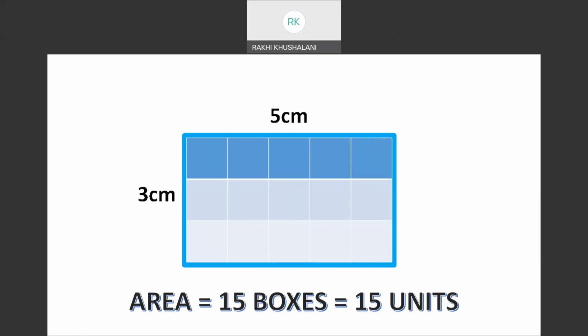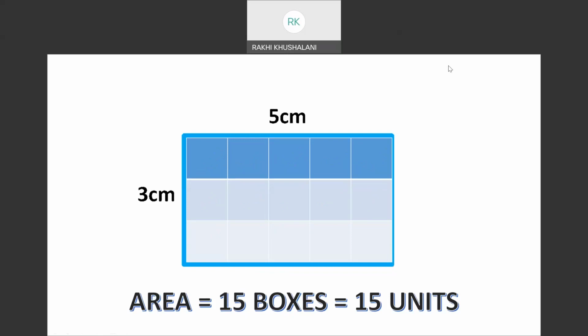So the number of squares that we count is 15. I'm sorry, my pen is not working. It's 1, 2, 3, 4, 5, 6, 7, 8, 9, 10, 11, 12, 13, 14, and 15.